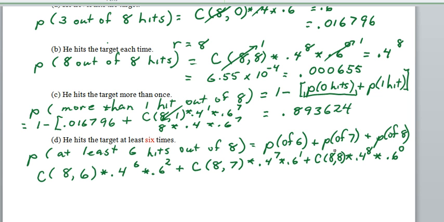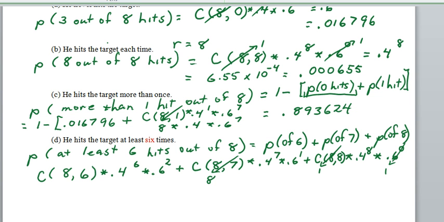We know C(8,8) is 1. We know 0.6 to the 0 is 1. We know that C(8,7) is actually 8. And we'll just let the calculator compute the C(8,6).